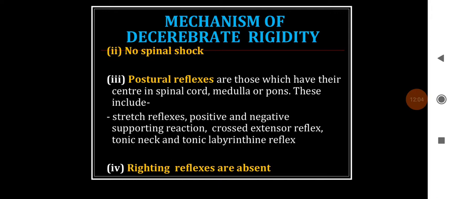The postural reflexes, those which have their center in the spinal cord, medulla, and pons, which include stretch reflexes, positive and negative supporting reaction, crossed extensor reflex, tonic and tonic labyrinth reflexes, are present. Righting reflexes are absent.